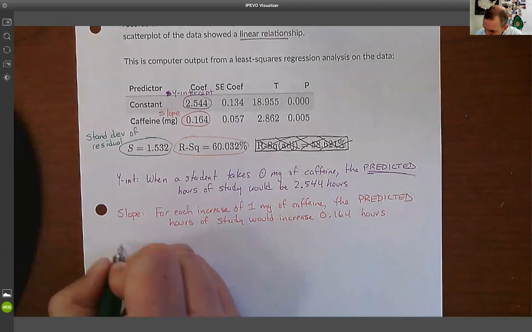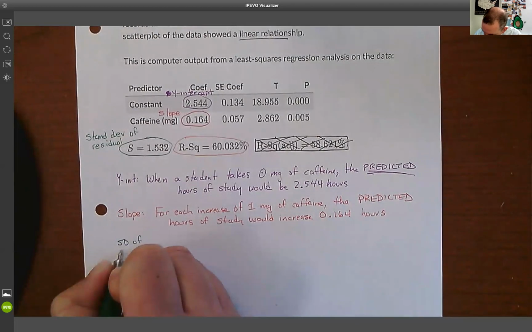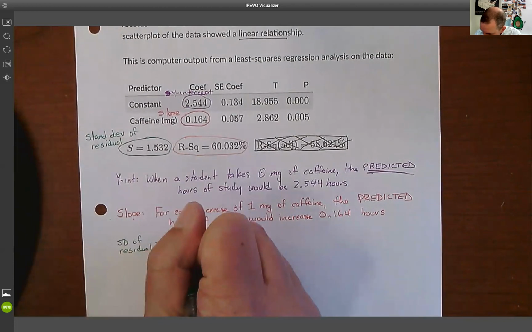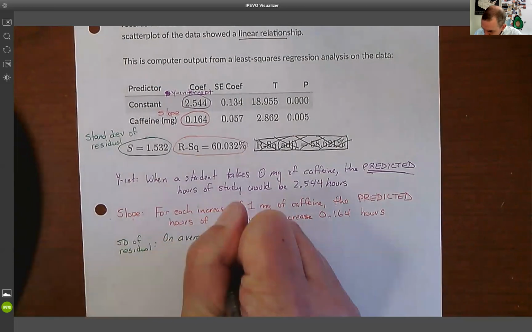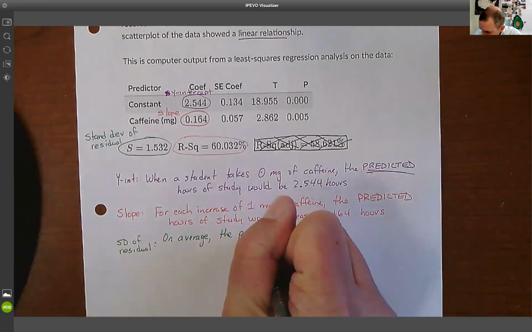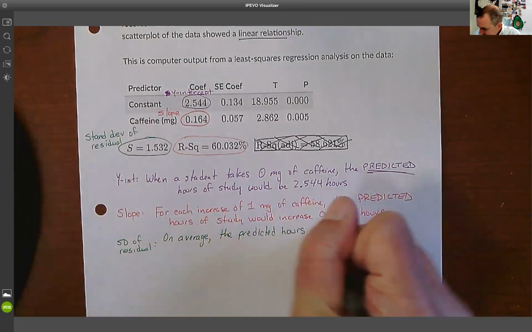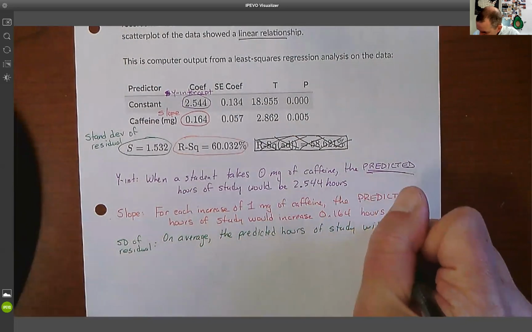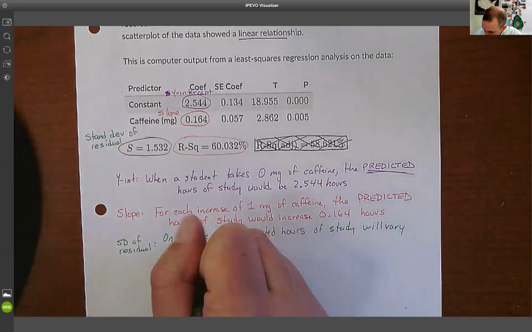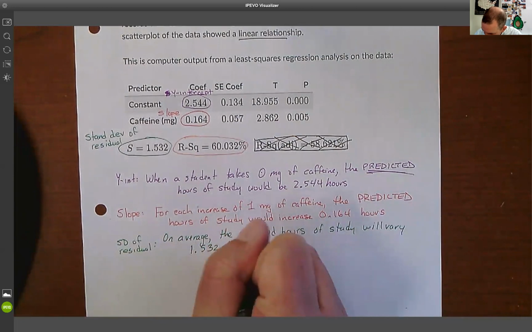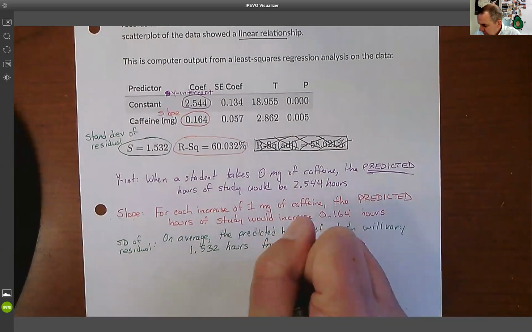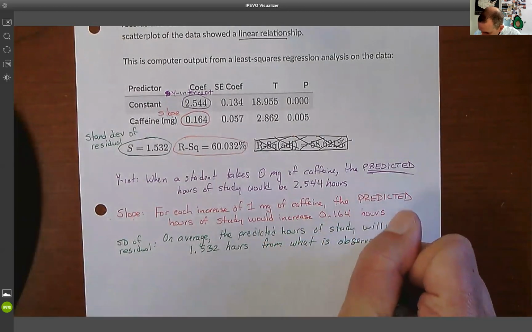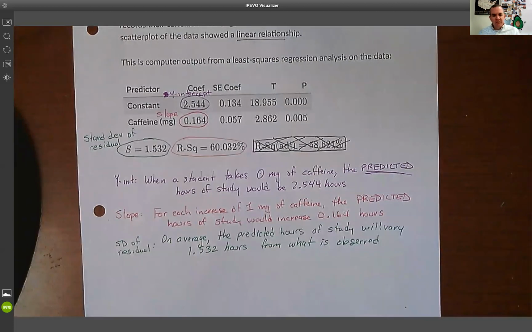So the interpretation of the standard deviation of the residual would be, on average, the predicted hours of study will vary 1.532 hours from what is observed. So it's basically like the error of the model, if you will.